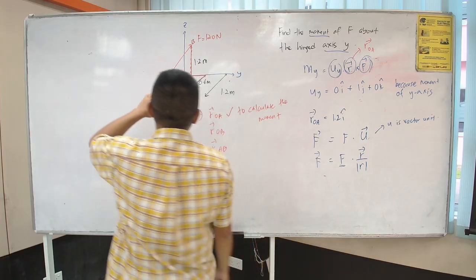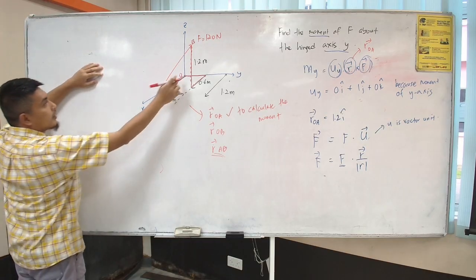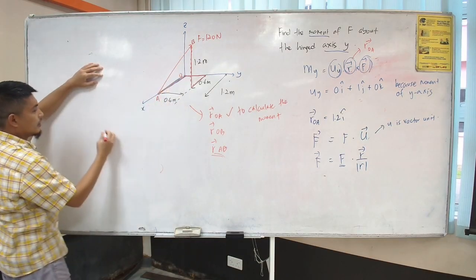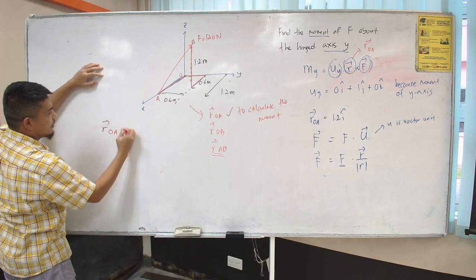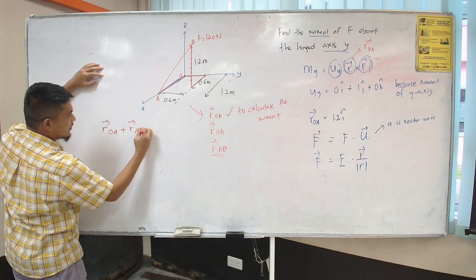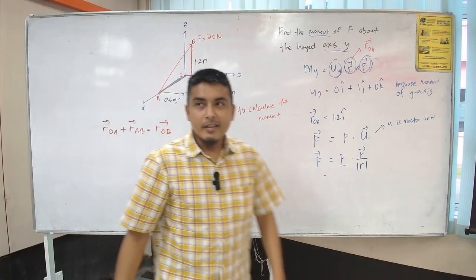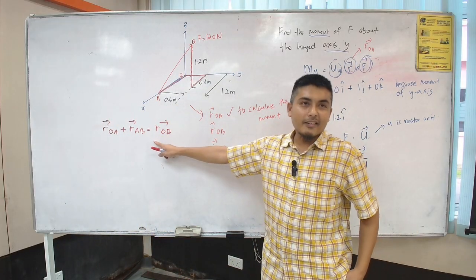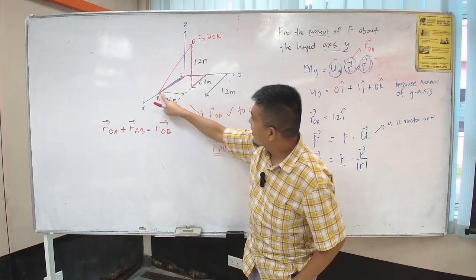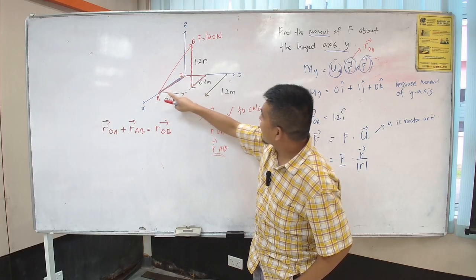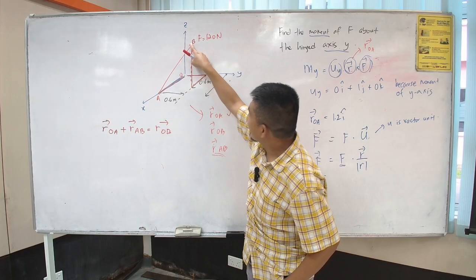I give you the equation. Does it make sense that ROA plus RAB, you get ROB?